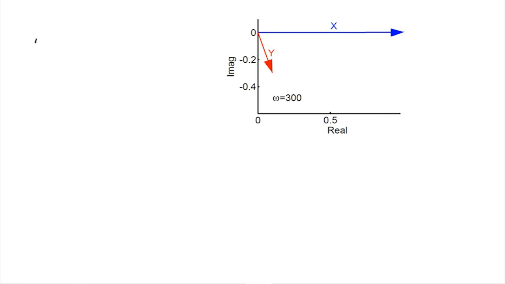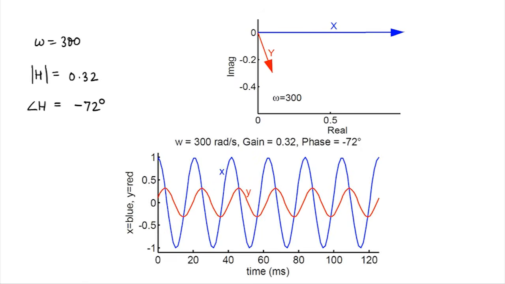If omega was now 300, the output would have a magnitude that is 0.32 times that of the input, and the angle of the output would lag behind the input by 72 degrees. Something like this. You notice that the input had an amplitude from -1 to +1. The output has a maximum amplitude of 0.32.